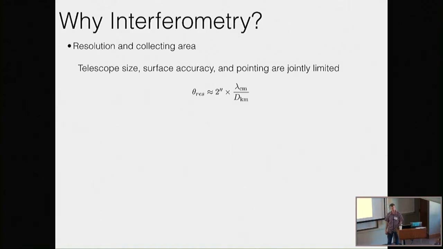But the size you can make your telescope is fundamentally limited by the strength of steel and carbon fiber and your budget and so on. And moreover, the telescope size that you can achieve is related to the accuracy with which you can render the surface you're trying to build. The paraboloid you want will not be perfect. The bigger it is, the stiffer it has to be over a larger area in order to achieve the surface. And if you misshape your surface, you start to lose your sensitivity.